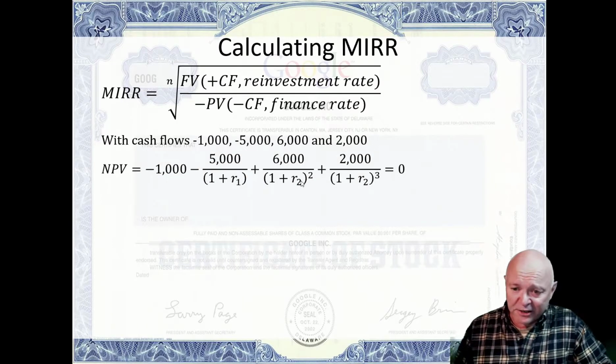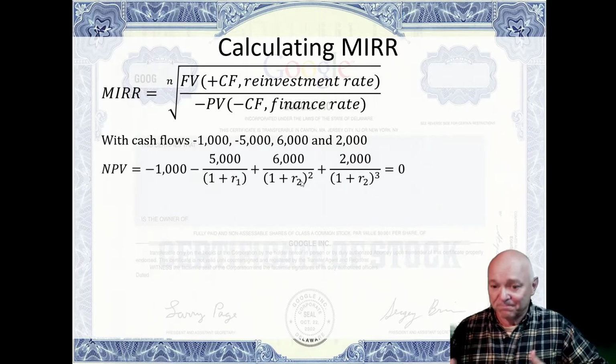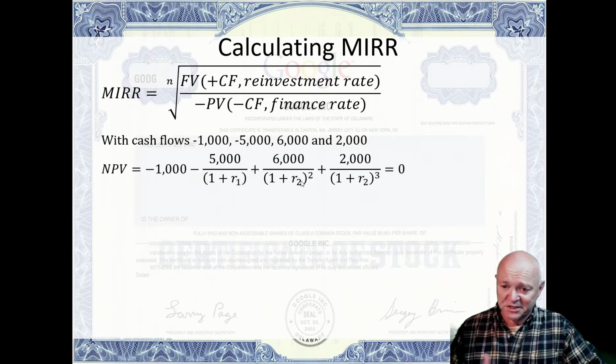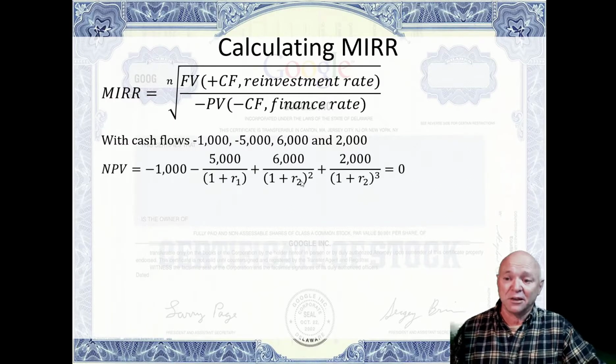So we could calculate this model with those numbers as minus 1 million and then the present value of 5 million discounted at R1, our finance rate, and then the second cash flow would be 6 million discounted back to the present at the reinvestment rate R2, and then the third cash flow 2 million discounted back to the present again at the reinvestment rate R2.